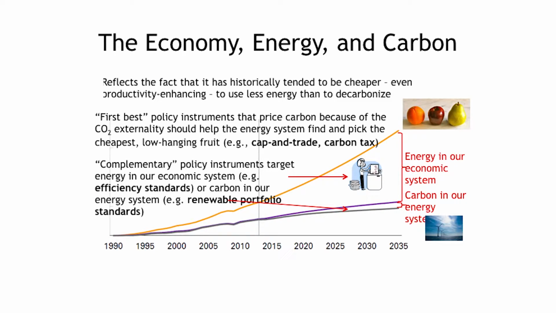And this is the cap and trade and the carbon tax that Jim was just talking about. Then a lot of us call these things complementary policy instruments. We'll target either energy in our economic system, such as energy efficiency standards, or carbon in our energy system, and that would be things like renewable portfolio standards.